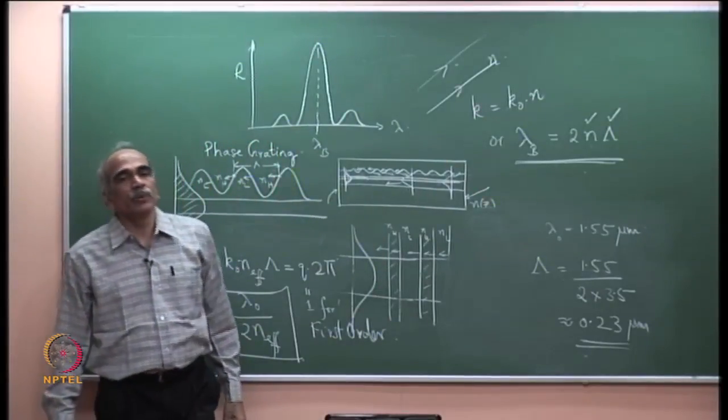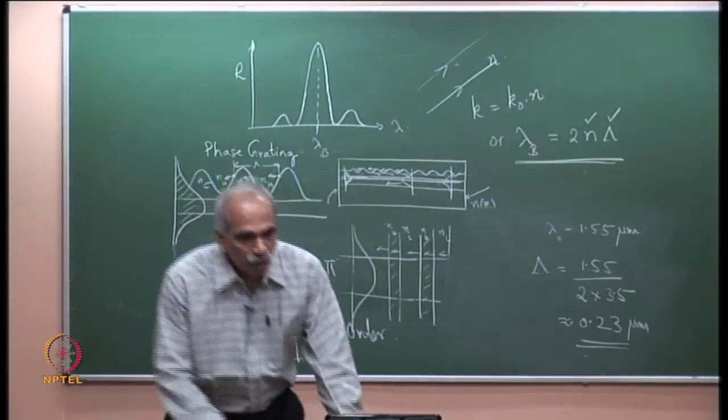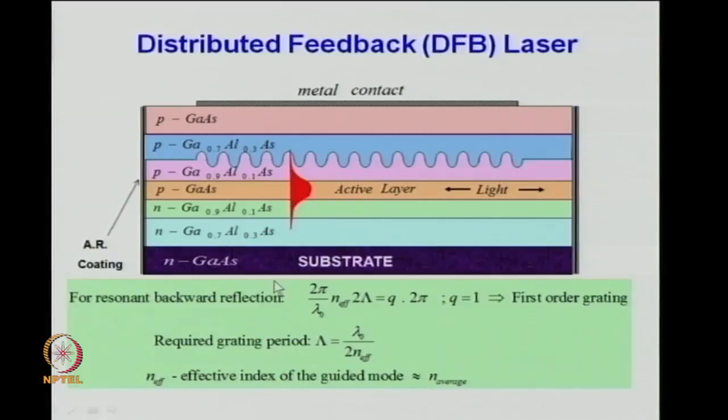This is a distributed feedback laser, and all these conditions are here in the slide. You can see k naught into n effective into 2 lambda is equal to q times 2 pi. Q is equal to 1 for a first order grating. These are all given in the slide. N effective is the effective index of the mode.